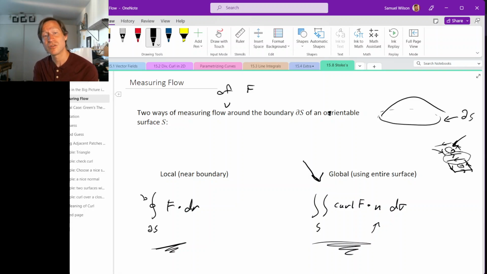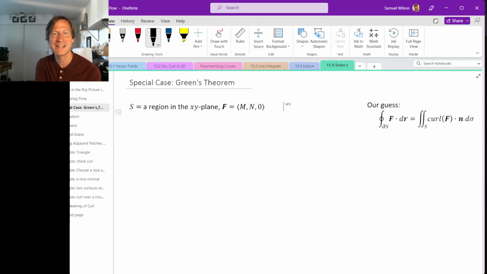Well, in fact, Green's theorem is just a special case of this idea, because Green's theorem is in 2D, but we can imagine that our 2D vector field and our 2D surface in the xy plane is actually embedded in 3-space, right? So we were hoping that the line integral around the boundary is equal to the integral over the surface of the curl.